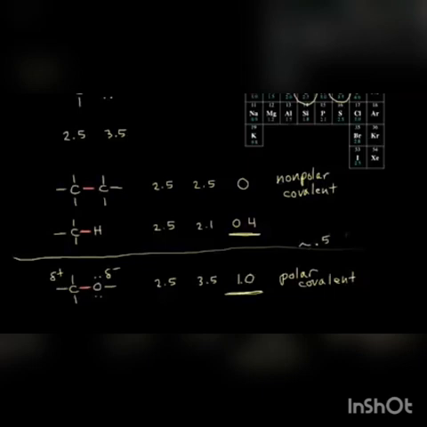So if the difference in electronegativity is greater than 0.5, you can go ahead and consider it to be mostly a polar covalent bond. If the difference in electronegativity is less than 0.5, we would consider that to be a nonpolar covalent bond. Now, I should point out that we're using the Pauling scale for electronegativity here, and there are several different scales for electronegativity. So these numbers are not absolute. These are more relative differences, and it's the relative difference in electronegativity that we care the most about.